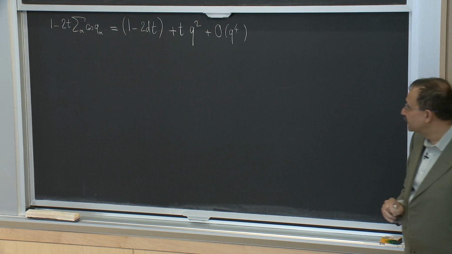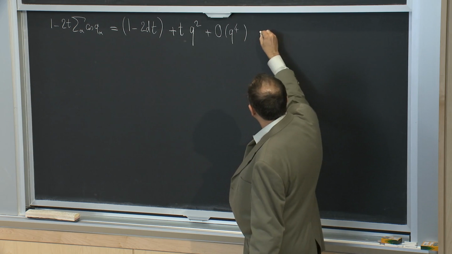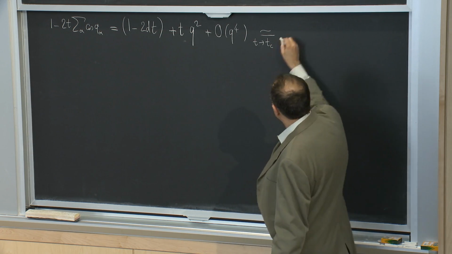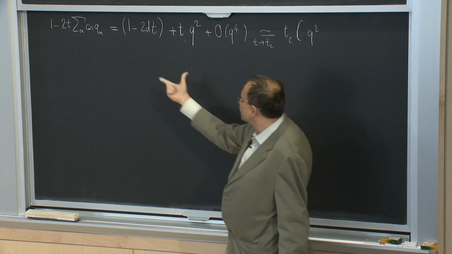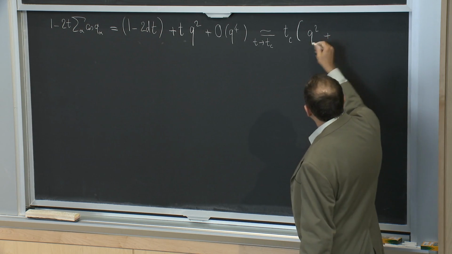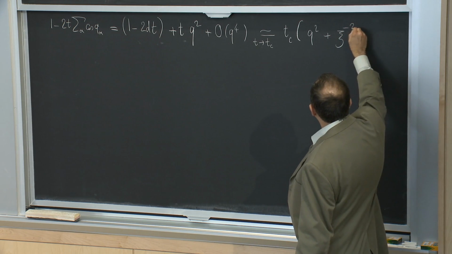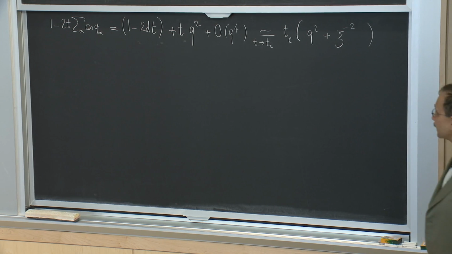Okay? So if I'm looking in the vicinity of t going to tc, this is roughly tc, q squared. This is something that goes to 0. And once I factor out the tc, I can define a length squared in this fashion, inverse length squared.